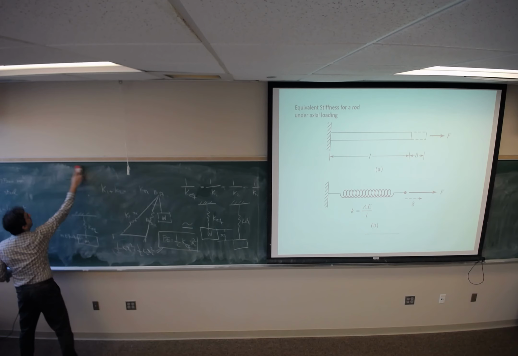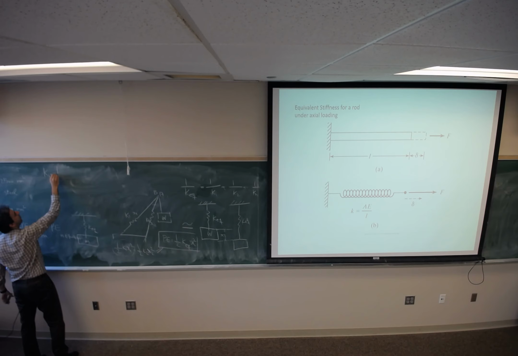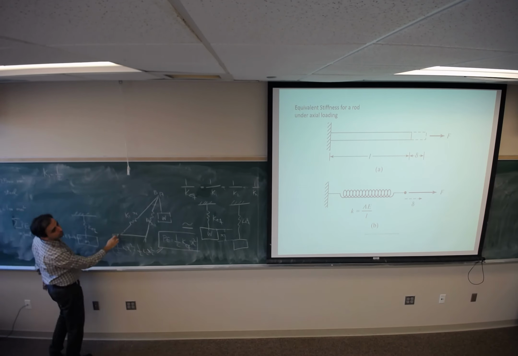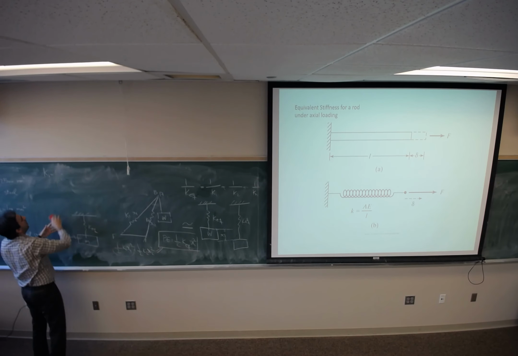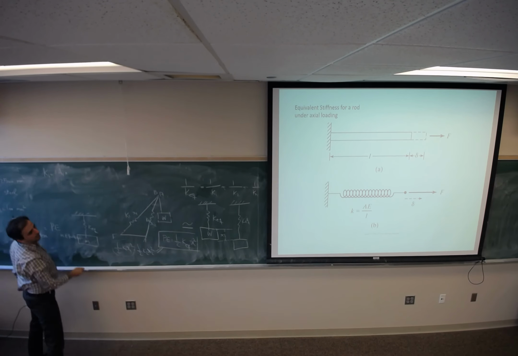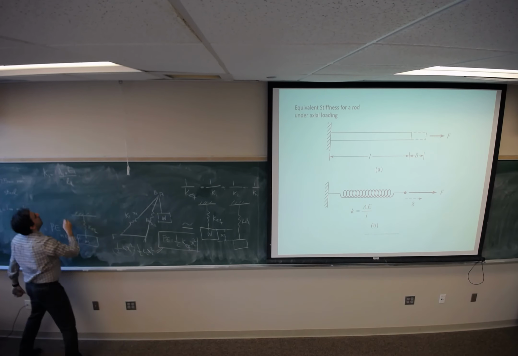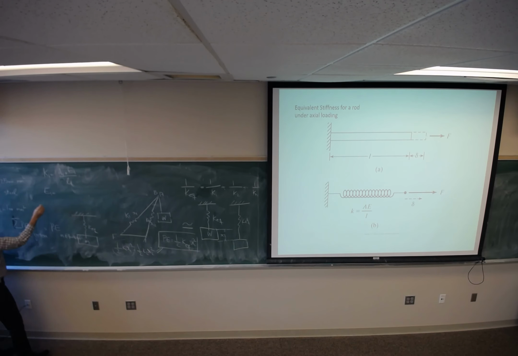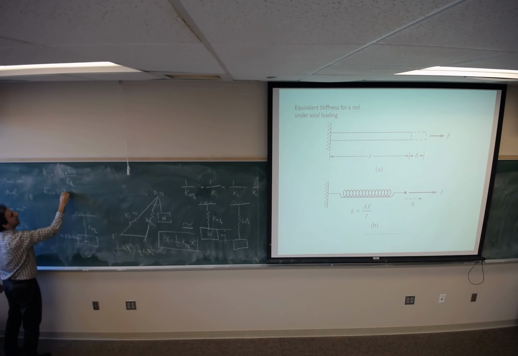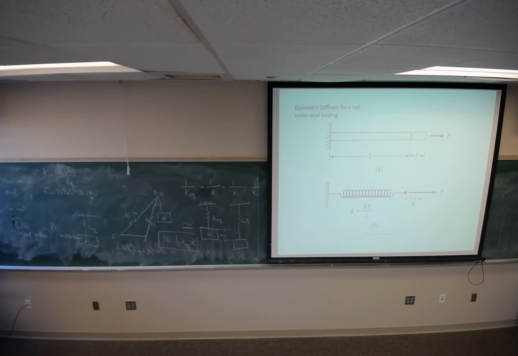So K1 is A1, which is 2,500 millimeter square, times E1 divided by L1. It's made of steel, so 207 times 10 power 9 Pascal or Newton per meter square. L1.